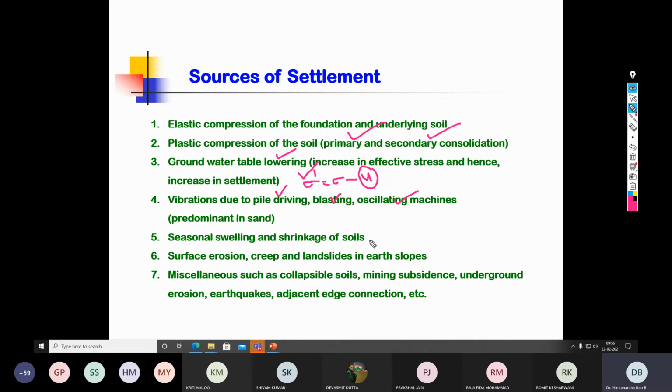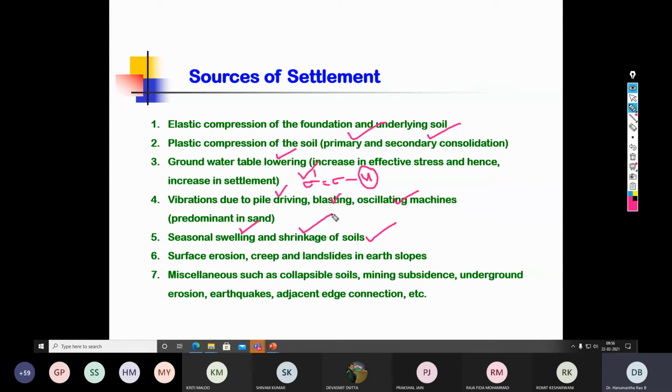There are particular soil types called expansive soils. These expansive soils have an affinity to imbibe a significant amount of water. Whenever soil absorbs a lot of water, it inherently shows two phenomena: volume change, an increase in volume referred to as swelling, and a decrease in volume referred to as shrinkage.